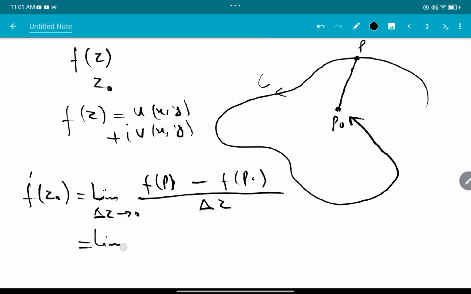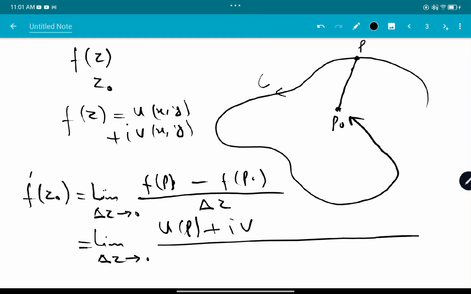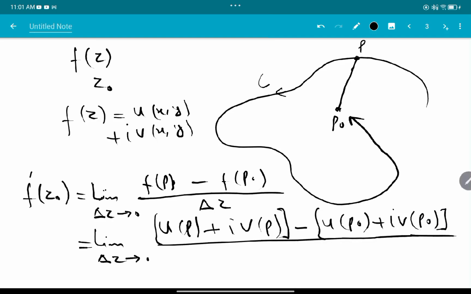Using that fact, I can write the limit as delta z tends to 0, with f(z) at P equal to u(P) plus i v(P), minus u(P0) plus i v(P0), divided by delta z.